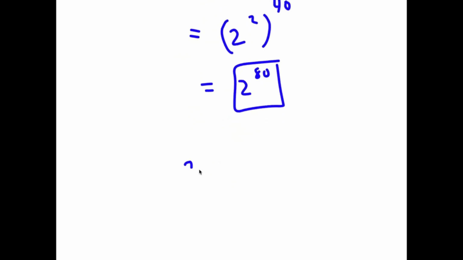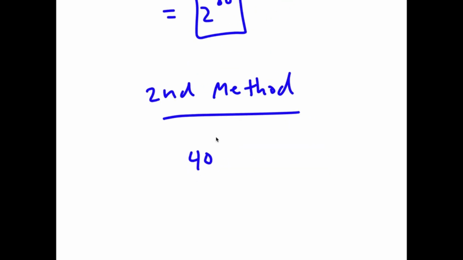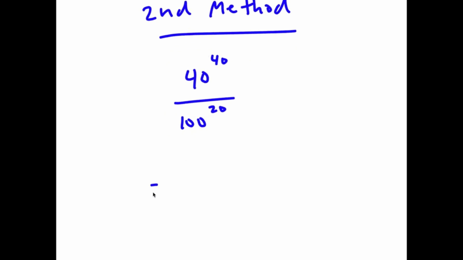Now I actually have a second method of solving this problem. So again, I first start with 40 to the power of 40 over 100 to the power of 20. Now this time I'm going to rewrite 40 to the power of 40 as 40 to the power of 20 plus 20.